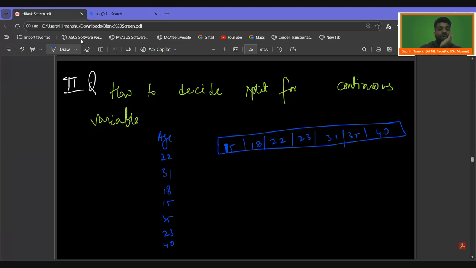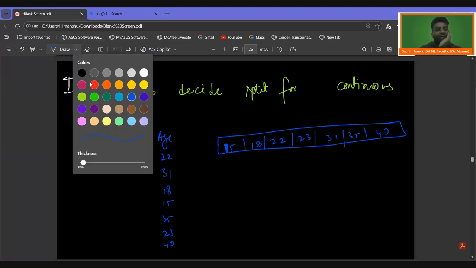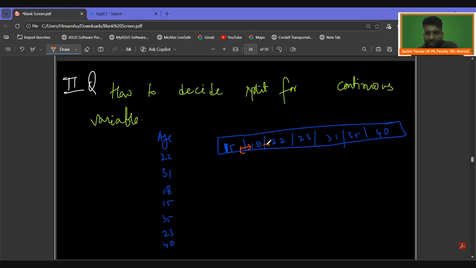Now what we will be doing is we will find the midpoint of each of these contiguous values or consecutive numbers. What is the average of 15 and 18? 33 divided by 2, so 16.5. What about 18 and 22? It's 20. For 22 and 23, it's 45 divided by 2, so 22.5.